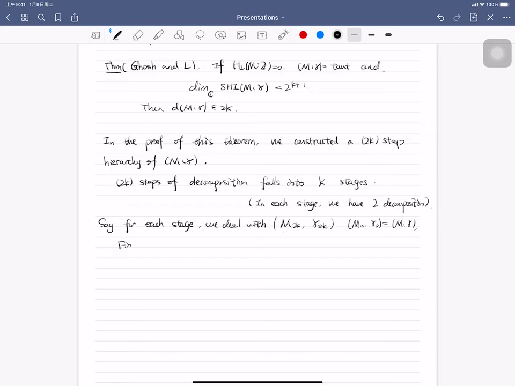Right, the first decomposition will reduce the dimension of SHI by half.